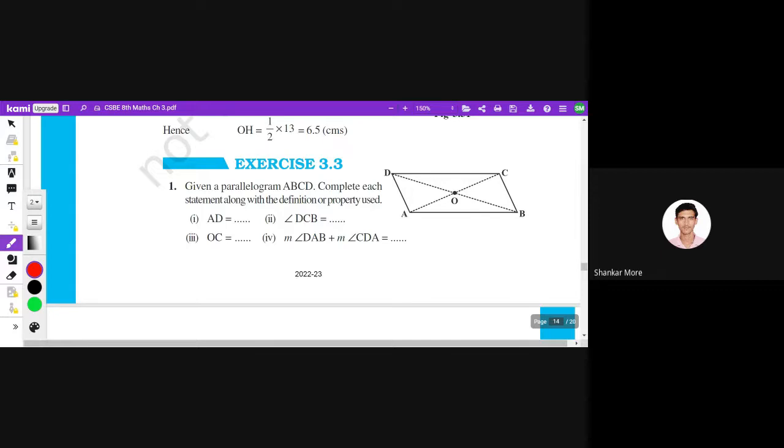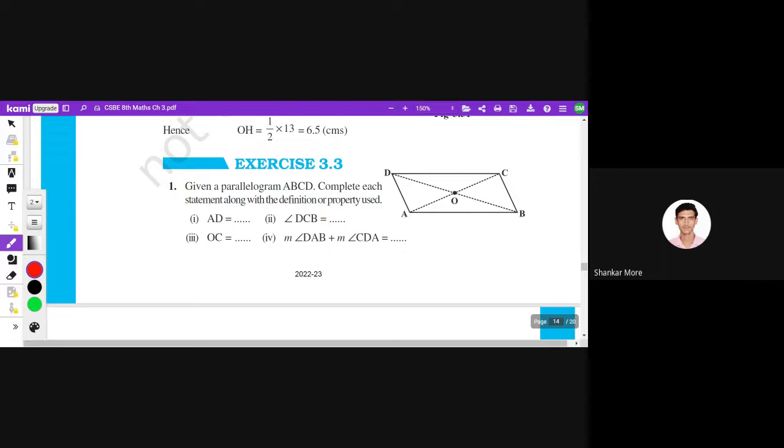Now the last one from this page at least. So it is going to be adjacent angles, DAB plus CDA. So that is going to be equal to, yeah, we can write the name also and we can write the value also, right?